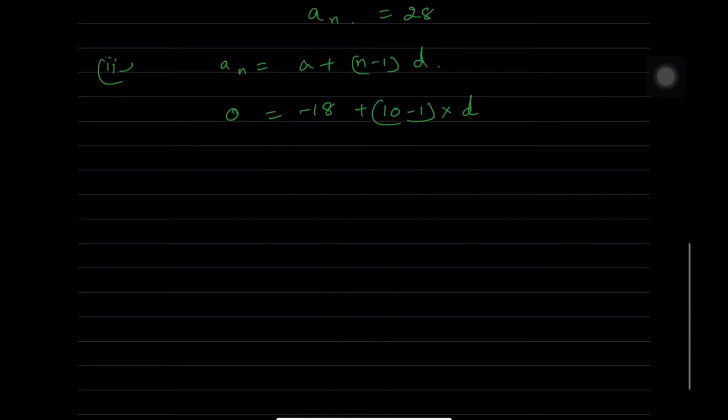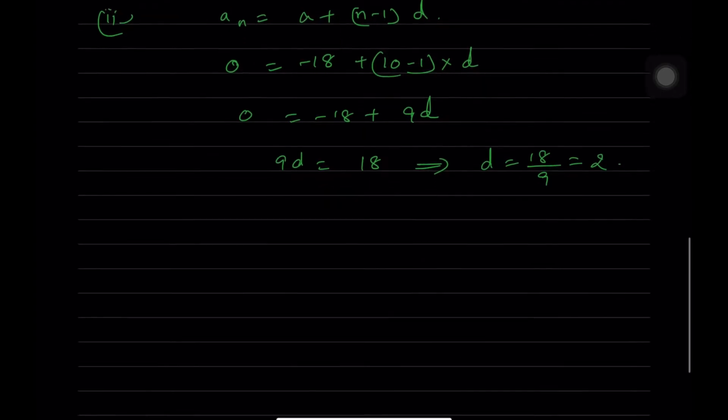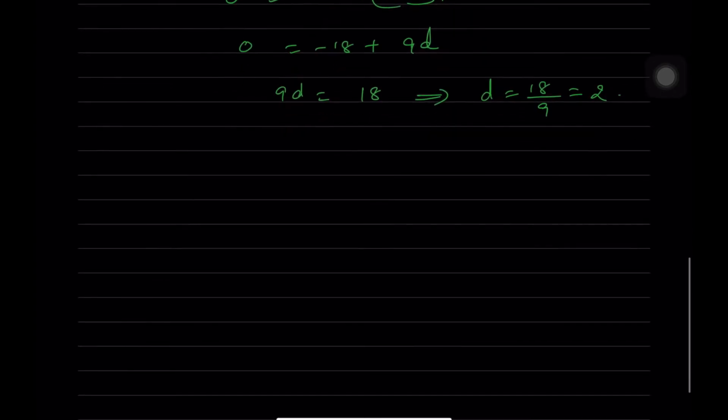So which is equal to 0 is equal to minus 18 plus 9D, or 9D is equal to 18, which implies D is equal to 18 by 9, which is equal to 2. So your common difference is nothing but 2.